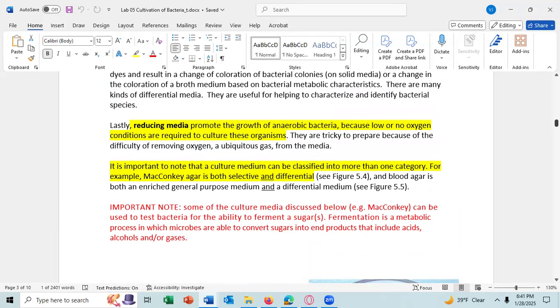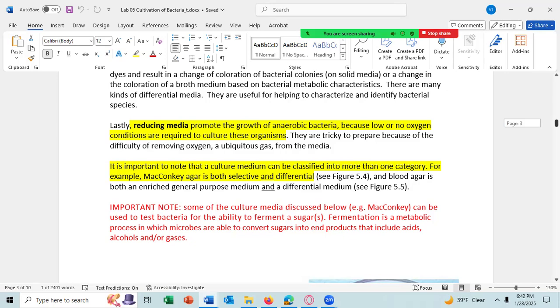It's important to note the culture media can be classified into more than one category. For example, McConkey's agar is both selective and differential. Blood agar is both an enriched general purpose media as well as a differential media.